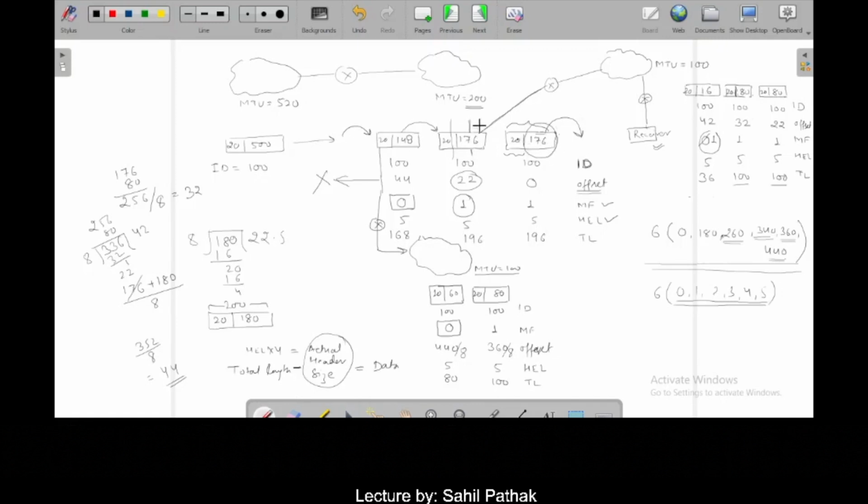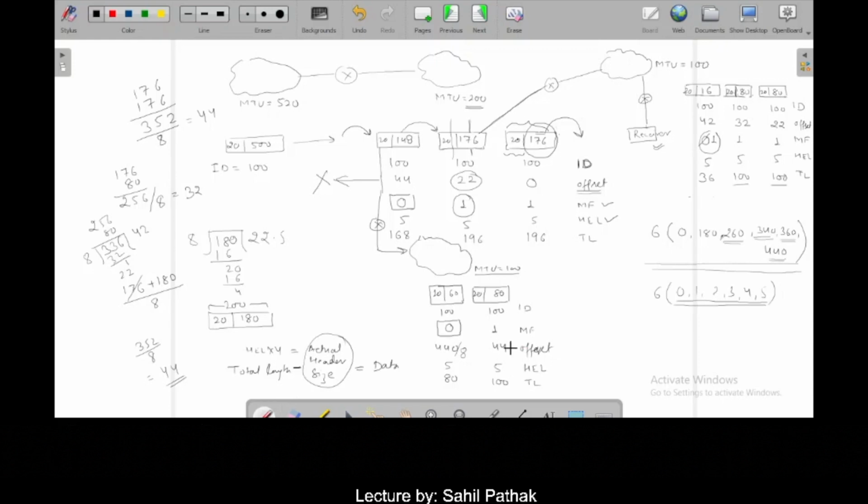So 176 plus 176 is 352. So here it is 352, and 352 divided by 8 will give you 44. So it is coming out to be 44.